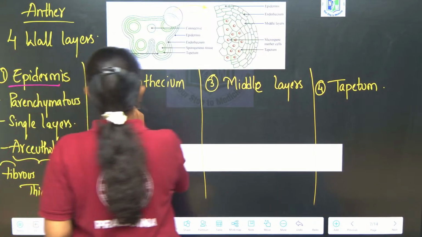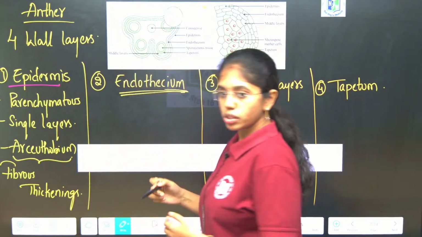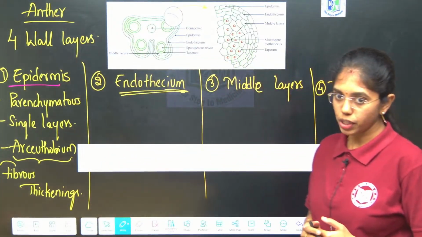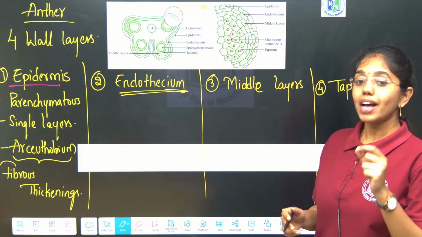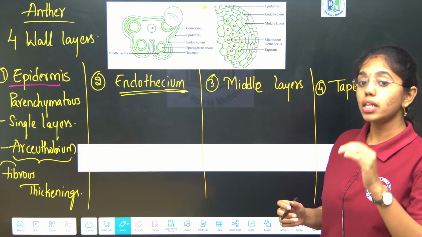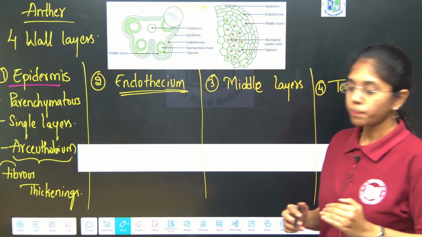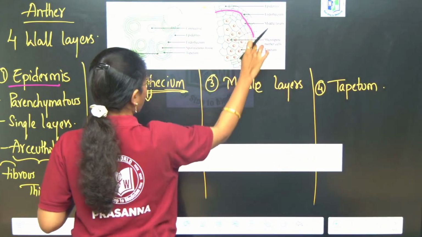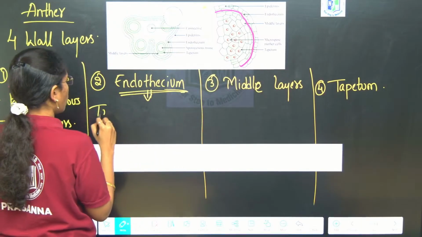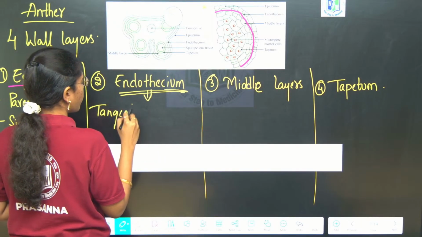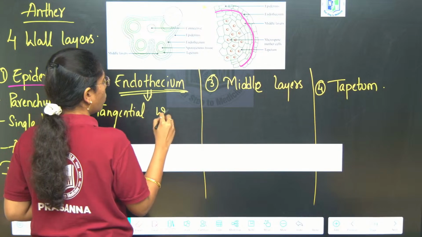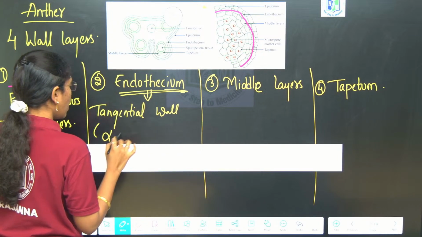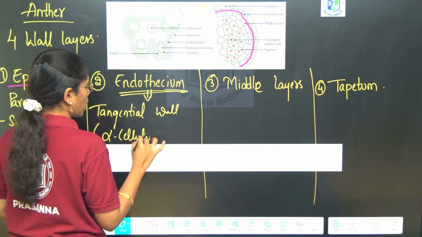Endothecium is also single layered, it is below the epidermis. It has alpha cellulosic fibrous thickenings in its radial or tangential walls. In the tangential walls of the endothecium, which is the second layer, what does it have? Alpha cellulosic fibrous thickenings.